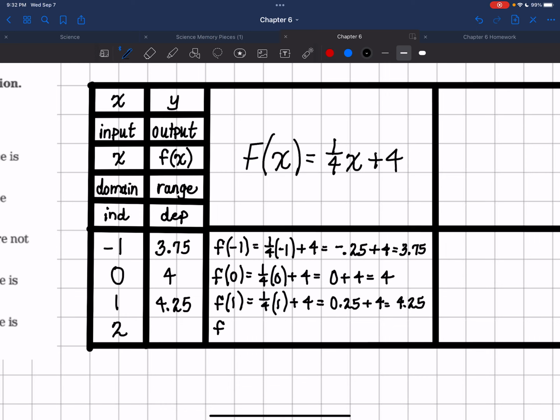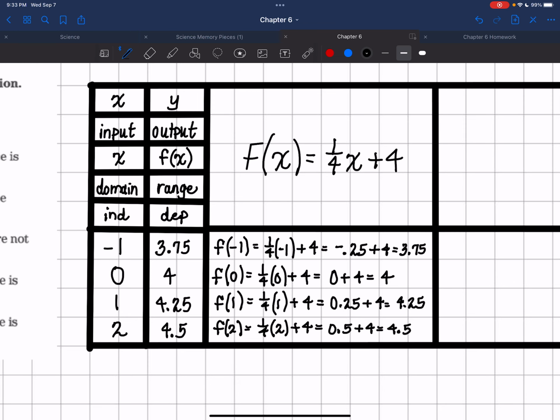And then finally, when x is 2, we have 1/4 of 2 plus 4. That is 1/2 plus 4, or 4.5.